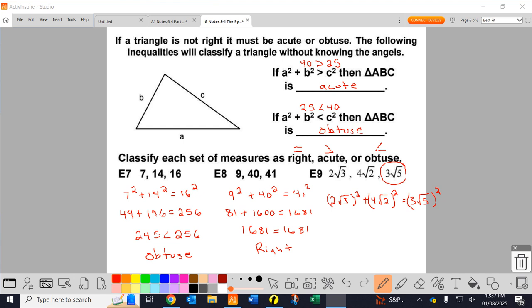Okay, guys. So, let's keep going. Here we go. So, 2 times square root of 3 squared should be 12, plus 32, equals 45? 45. Anybody need me to type through any of those?